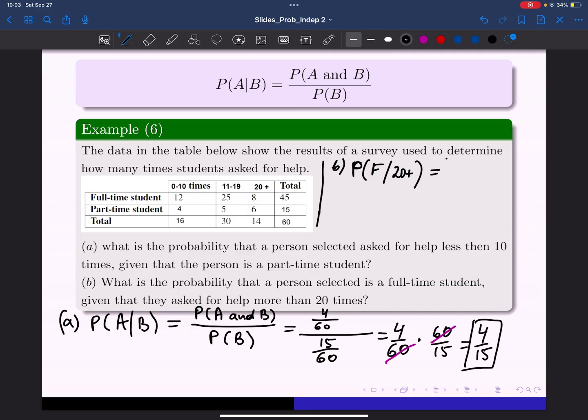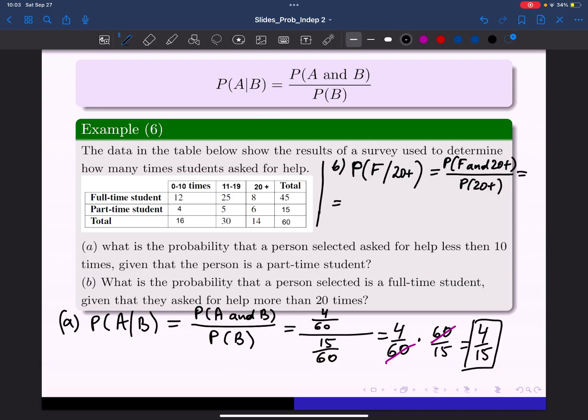So this would be the probability of full-time and 20 plus times divided by the probability of 20 plus times asking for help. Full-time and 20 plus has probability 8 out of 60.